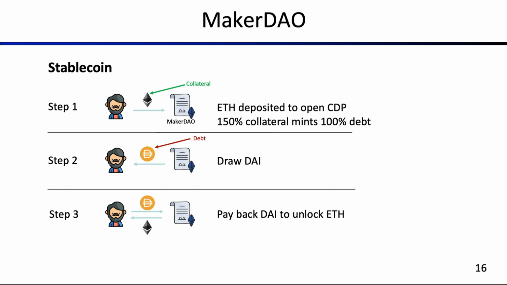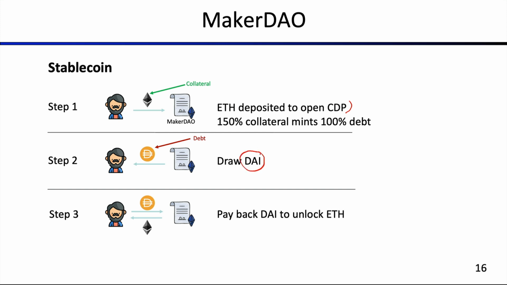As I've already explained in an earlier lecture, the MakerDAO system is a stablecoin mechanism that allows you to deposit Ether to open a collateralized debt position, CDP. So what you do is you take 150% of collateral at least, right? You shouldn't go below. And then you're allowed to mint 100% of the debt. The debt is being drawn in DAI.